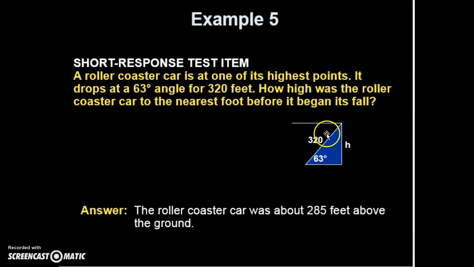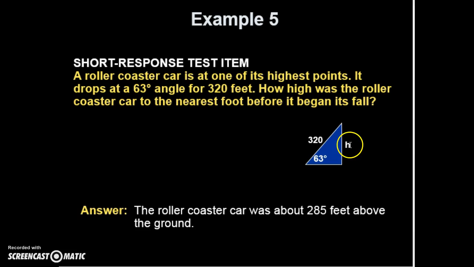As long as these two lines are parallel, the angle of depression and the angle of elevation are the same. So it's perfectly okay to say that this is your 63-degree angle, and it traveled 320 feet. It's asking for h.